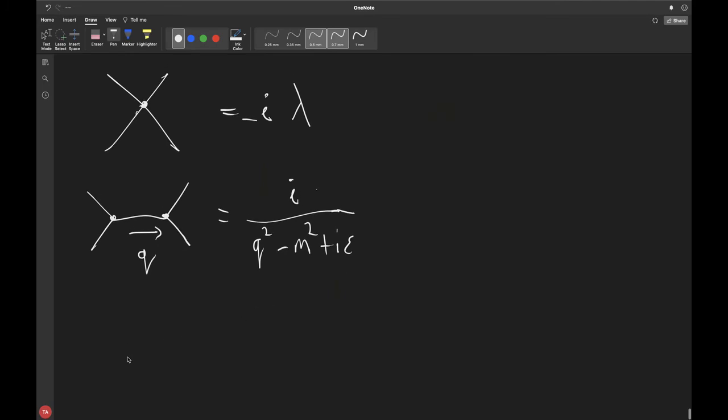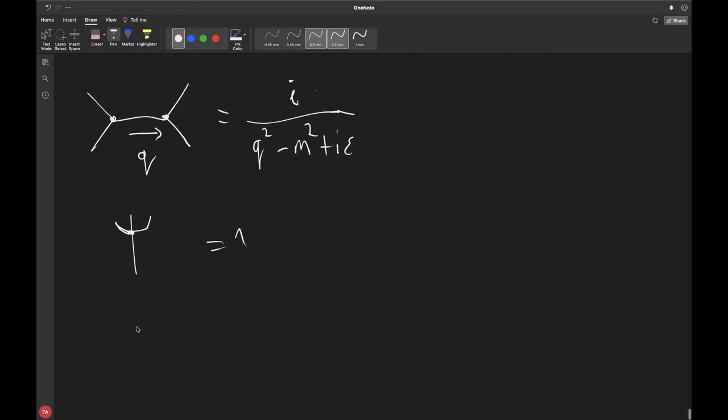And then you have the ending point, something like that. That's just a contribution of 1, or the initial points have a contribution of 1 as well.